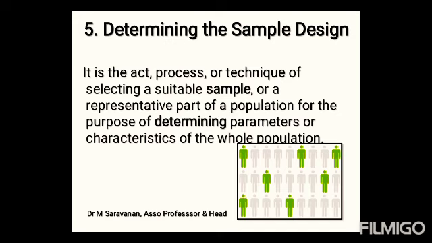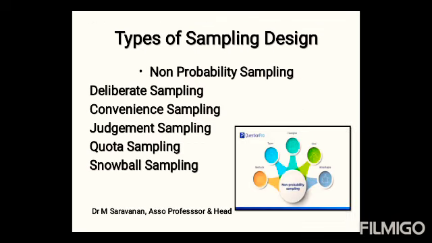The researcher must decide the way of selecting a sample, or what is popularly known as the sample design. In other words, a sample design is a definite plan determined before any data are actually collected for obtaining a sample from a given population.